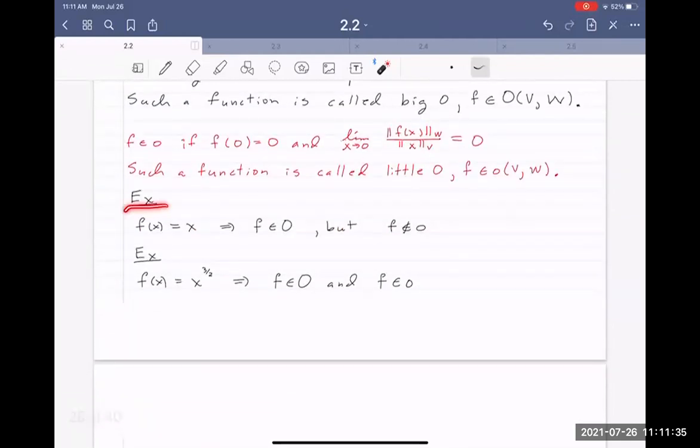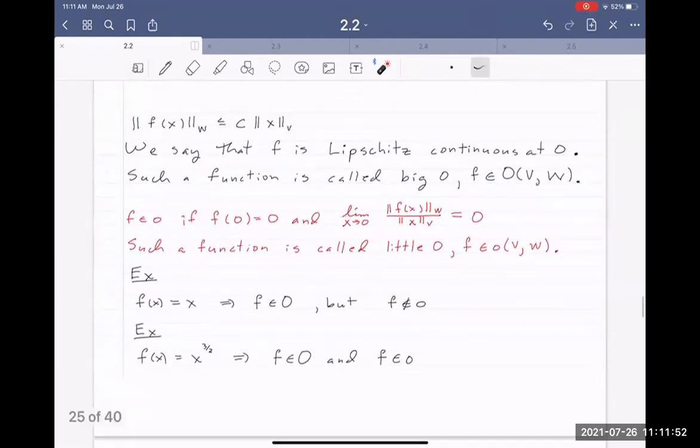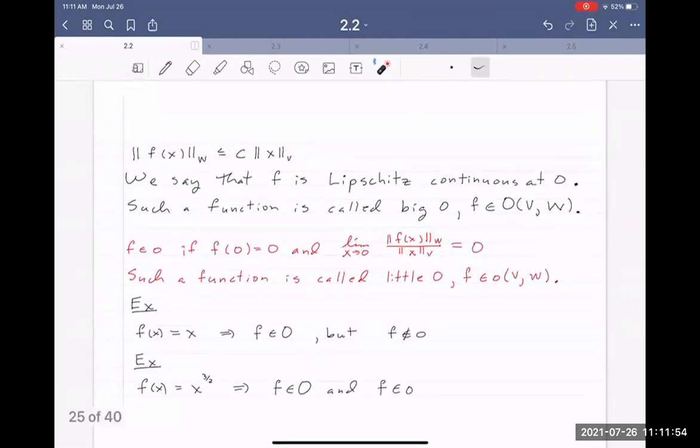Let me give you some examples. If f of x is equal to x, then f is big O. Because, well, obviously f of 0 is 0, and the norm of x is less than or equal to 1 times the norm of x.